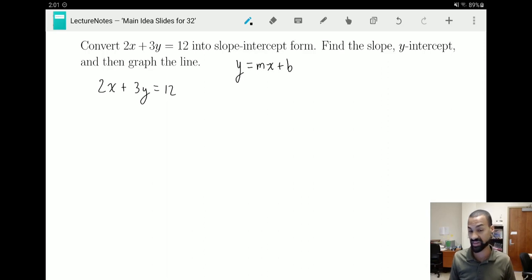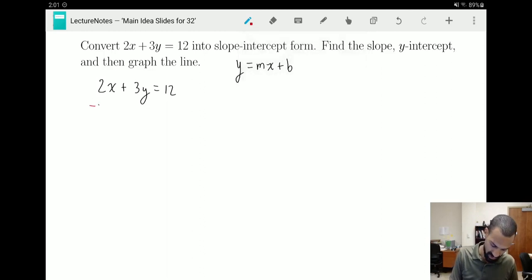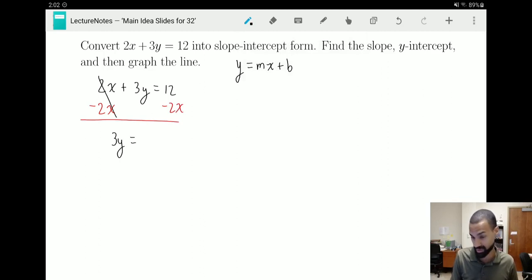Okay, I have to get y by itself in order to make that happen. So I have a variable term here with an x, a variable term here with a y. I only want the variable term with a y on the left side. So I'm going to get rid of this term by subtracting 2x from both sides. Now when you subtract, it'll eliminate that term on the left side. It reappears on the other side as a negative.